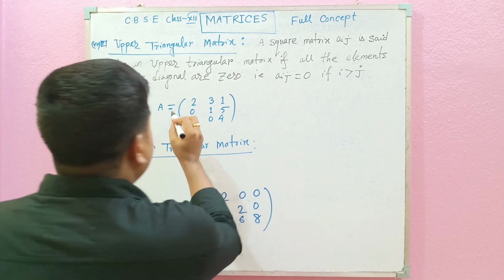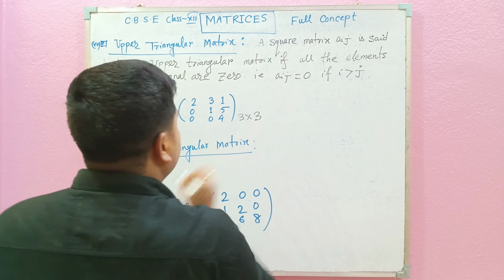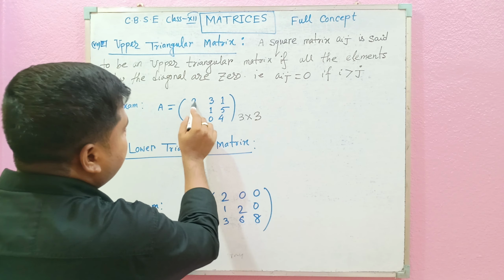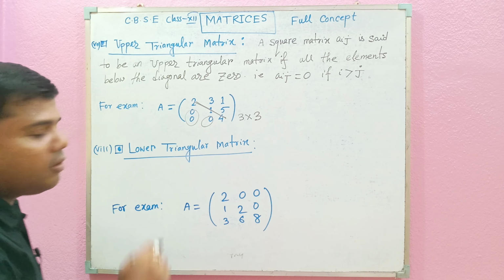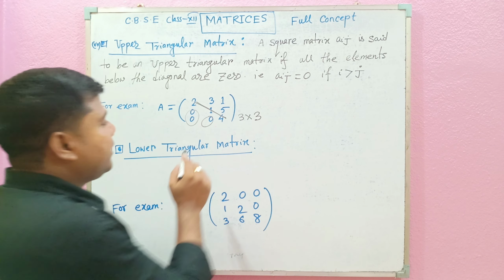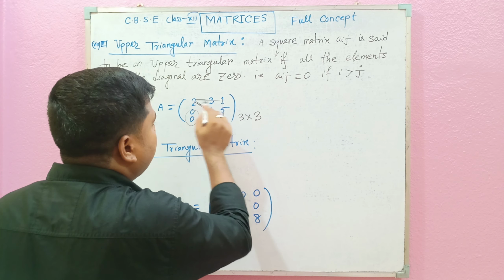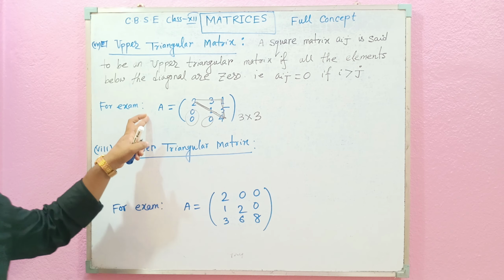Here A is a 3 cross 3 square matrix. Here we see that all the elements below the diagonal are 0. So this is an upper triangular matrix, and we see that this matrix forms an upper triangle. So this is an example of an upper triangular matrix.